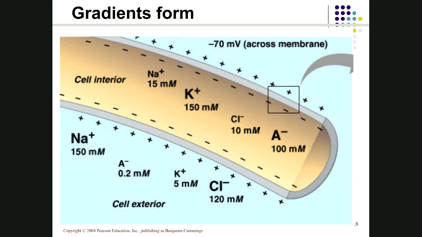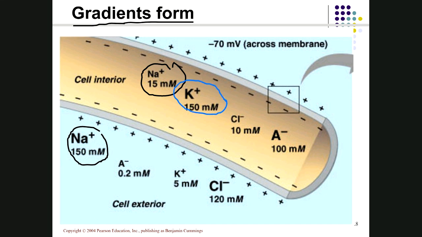So this is what it looks like. There's more sodium on the outside, a lot less sodium on the inside, more potassium on the inside, and a lot less potassium on the outside.